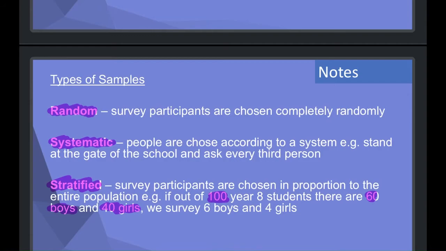If we were going to do a stratified sample survey on year 8, we would choose 6 boys and 4 girls because it maintains the same proportion of the population in the whole year. That's a stratified sample.